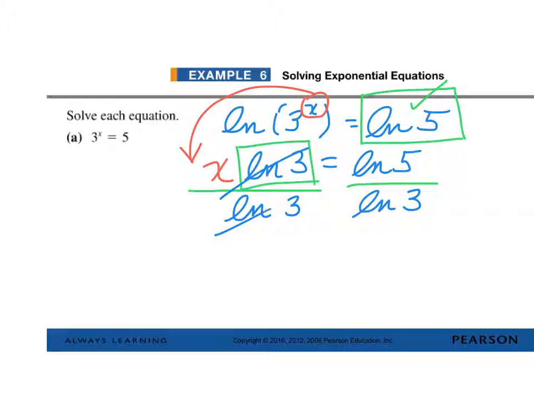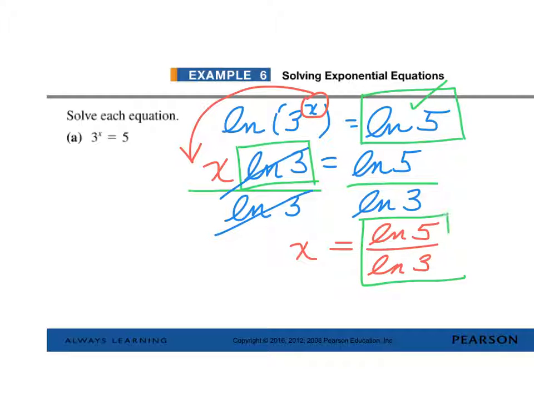The natural log of 3 cancels on this side and gives us a solution to the problem. X is equal to the natural log of 5 over the natural log of 3. And keep in mind, these are just numbers. You can calculate those numbers to a decimal and get a decimal approximation for x.